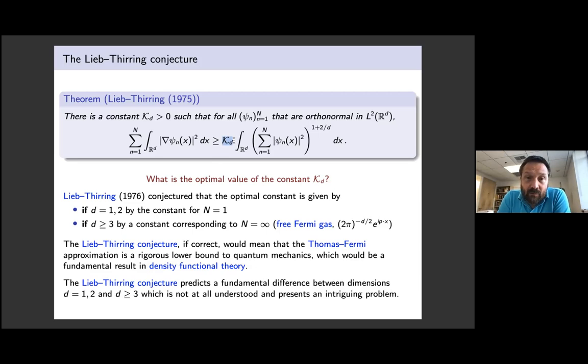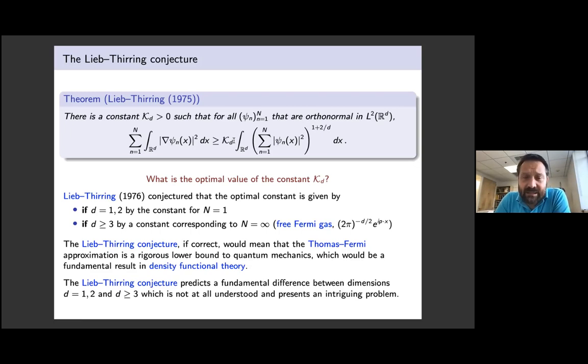And while it's an approximation in the sense of physics, there have been works, in particular by Lieb and Simon, who showed that in certain limiting regimes, this theory turns out to be exact. And the inequality would say, if it was true that in dimension 3 and higher, this Thomas-Fermi approximation is really a rigorous lower bound to quantum mechanics, that would be, I think, a fundamental result in the area, in particular in density functional theory.